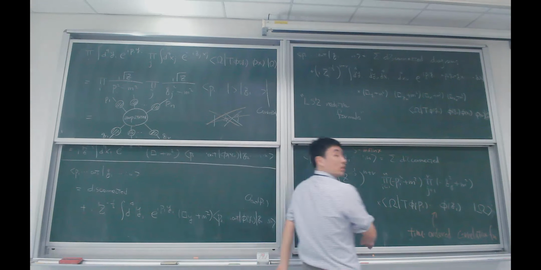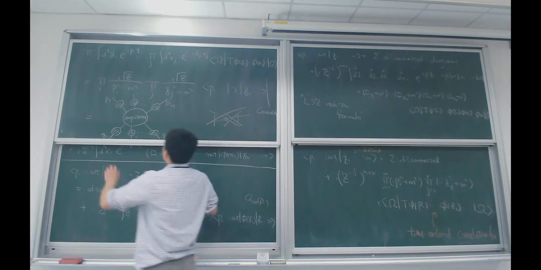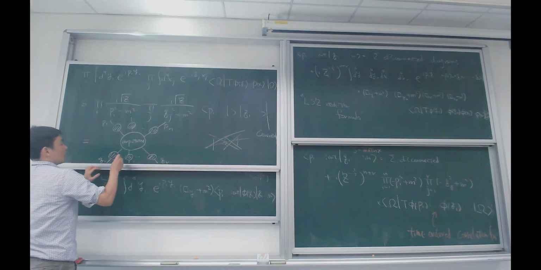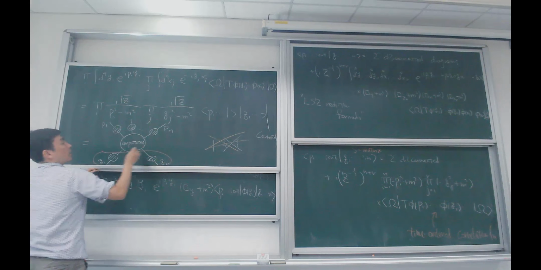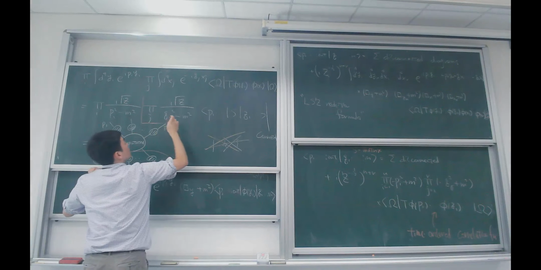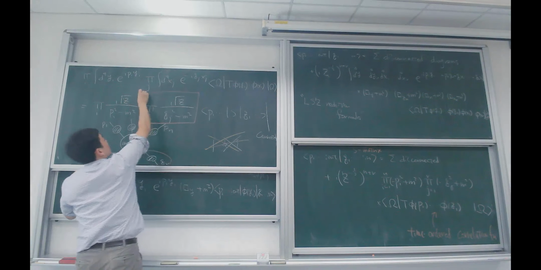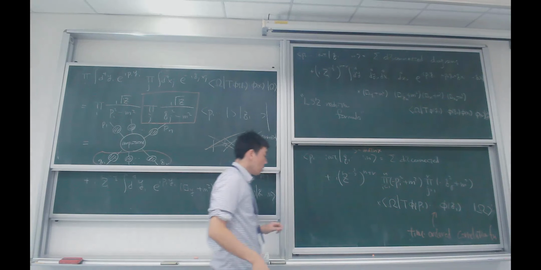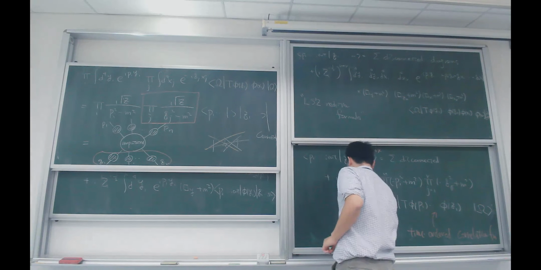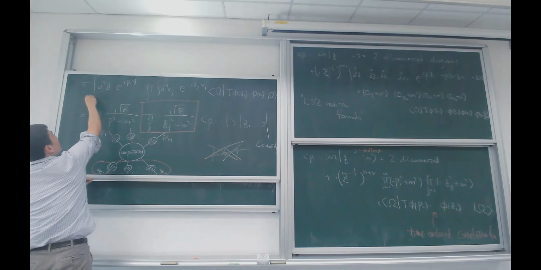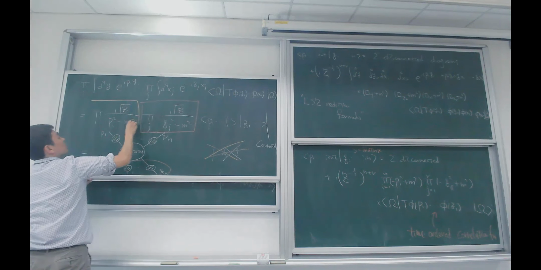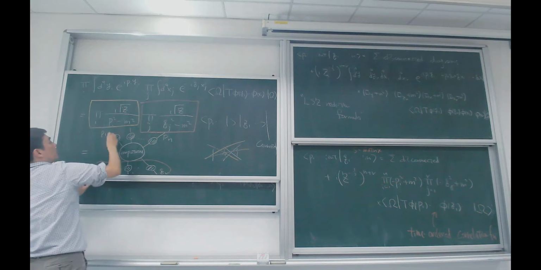Red one. I think I'm running out of time. So this part stands for this one. This part. And then hopefully you can distinguish orange. This part is this guy.